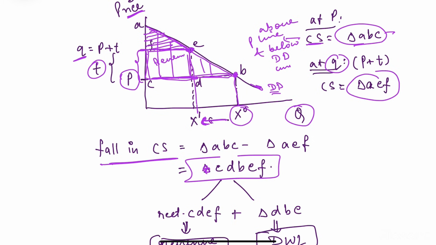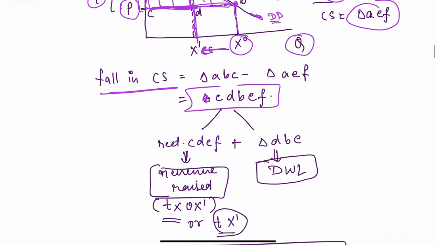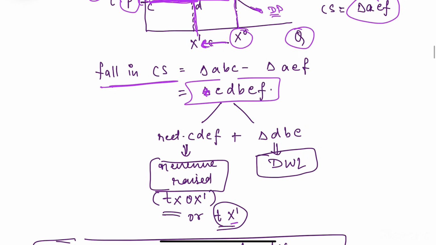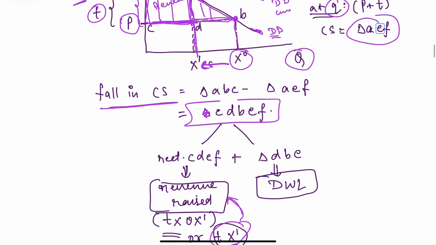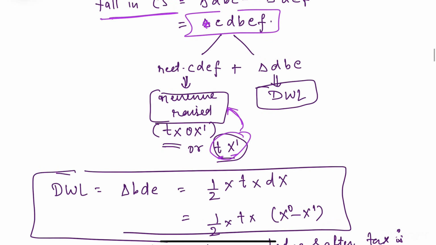Because this gap is the tax multiplied by the consumption. X1 is the units that are consumed, and T is the tax on those units. So T x1 is the revenue raised by the government, and this triangle is left. It means this is the consumer surplus that has been lost. It has not been taken by the government or anybody else, so it's a loss in welfare, which we are calling deadweight loss.